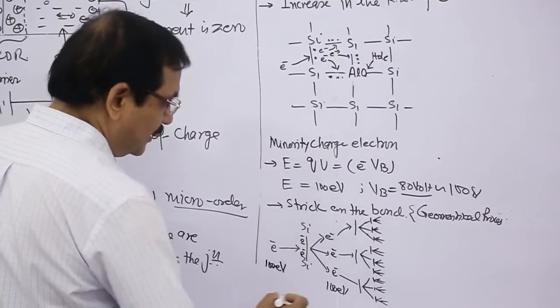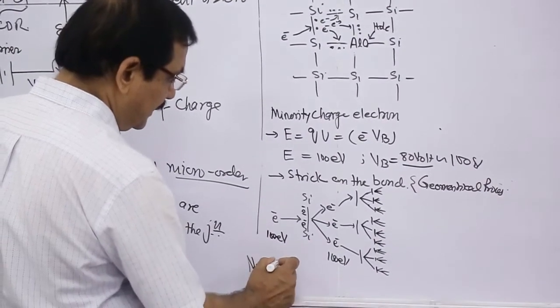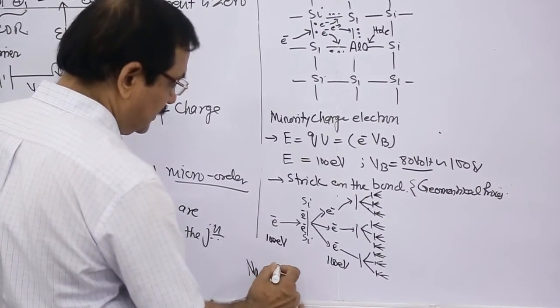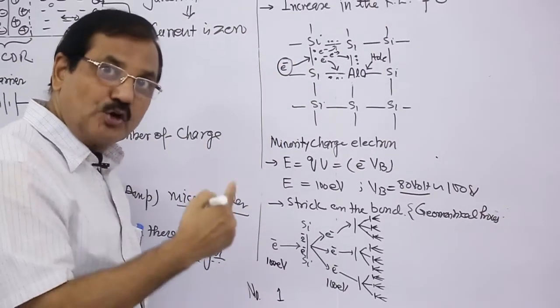So, what is the number? Here it is 1 electron, the electron which starts the process.